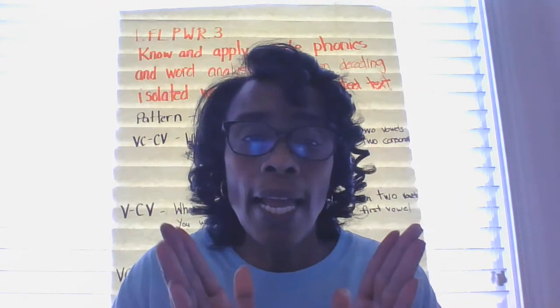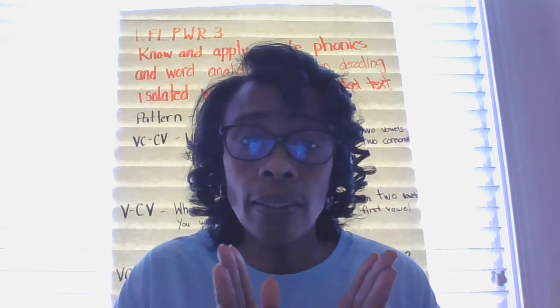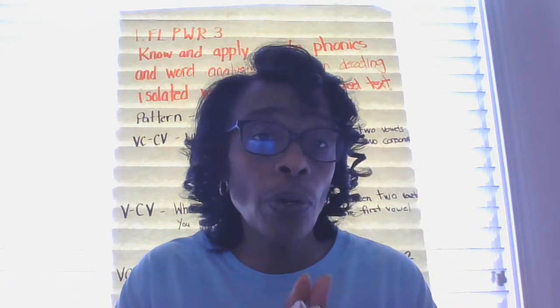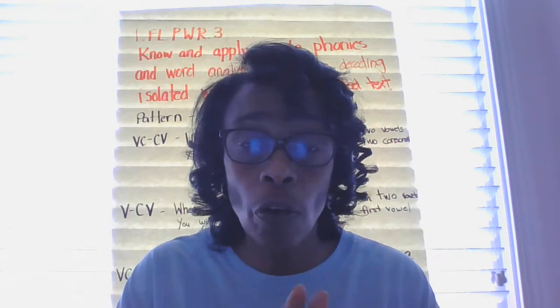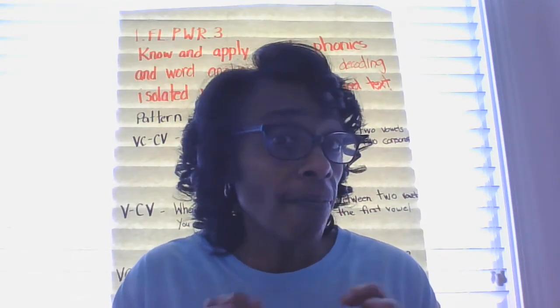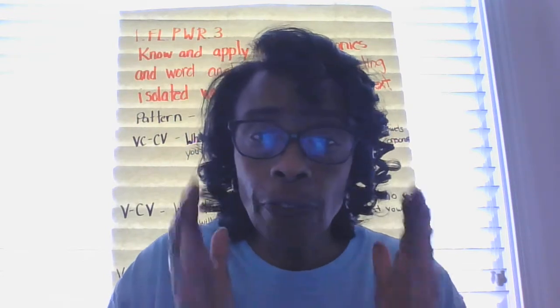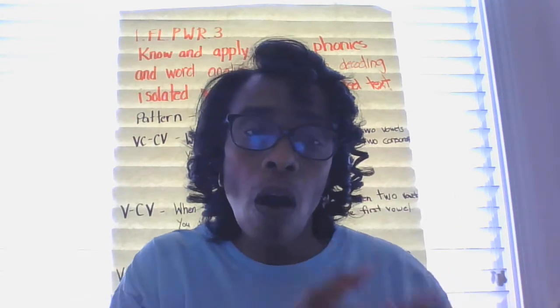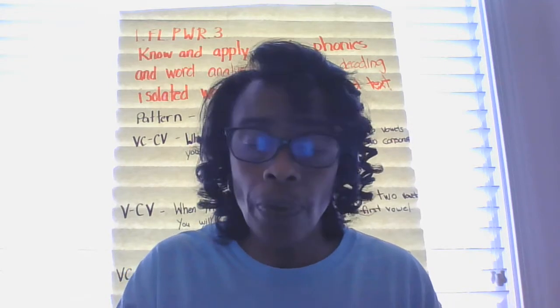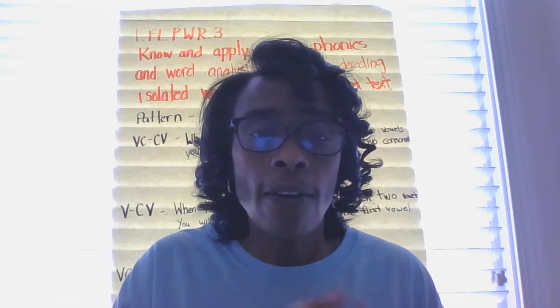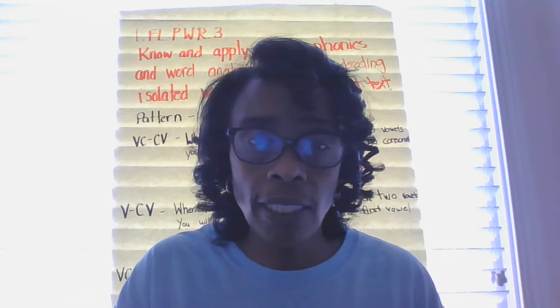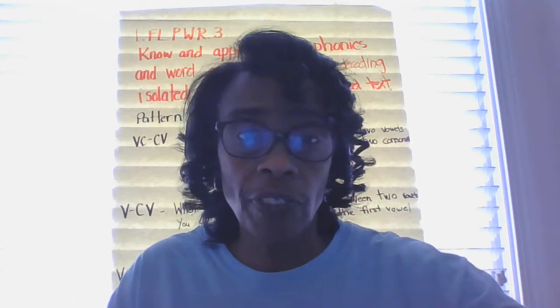Again, a syllable is a part of a word with a vowel phoneme in it. And what are our vowels? And again, if you want to go back and review all of these vowel sounds, the phonemes, all of these different things, go to my first video.